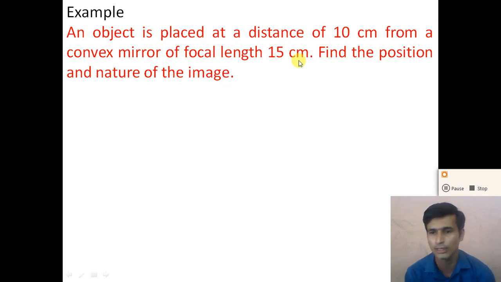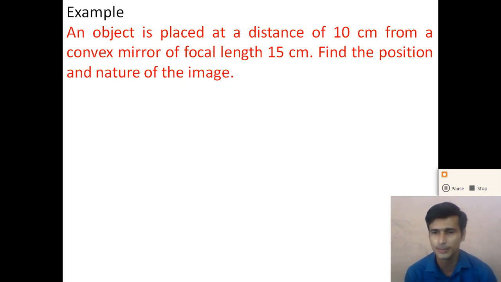So the focal length of the convex mirror given to you, f, is equal to 15 centimeter. But the focal length of the convex mirror is positive, so we take f is equal to plus 15 centimeter. Find the position and the nature of the image, right? Here we need to calculate the position, nature of the image and the size of the image, right?